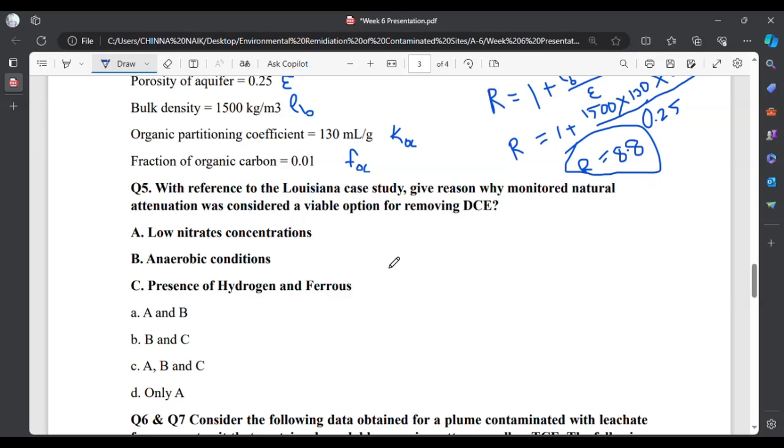So yes, because of the presence of low nitrate concentration, anaerobic conditions, and presence of hydrogen and ferrous. What are the main reasons to prefer monitored natural attenuation in the Louisiana case study?